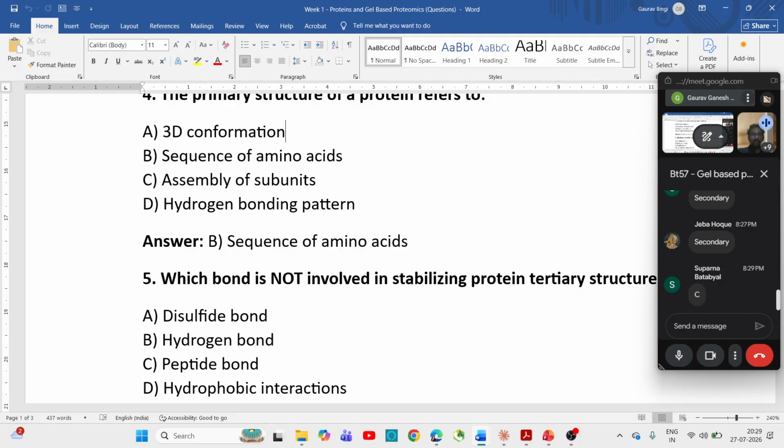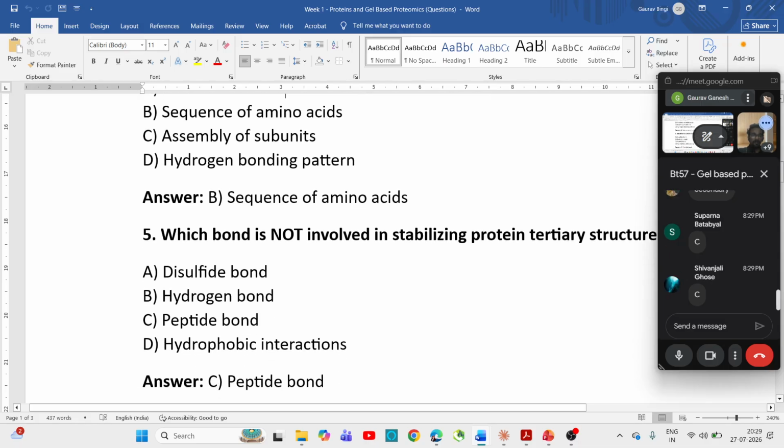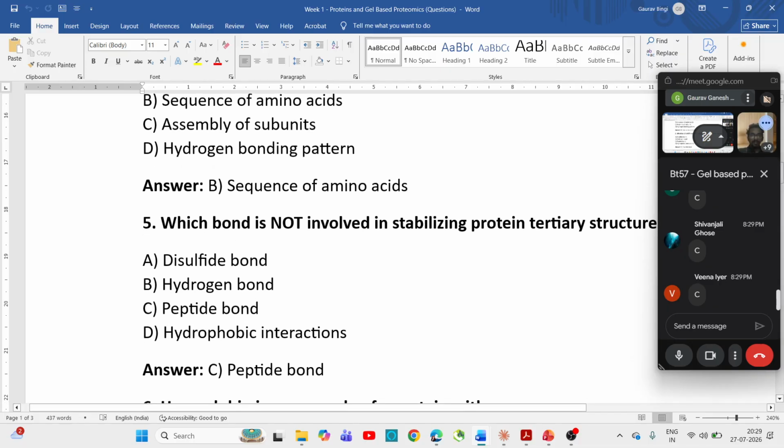Yes, the fifth one. Yeah, so that's the primary structure, right? The peptide bond, holding all the amino acids together. All the others are involved in tertiary structure, out of which hydrogen bonding is a part of secondary structure as well.